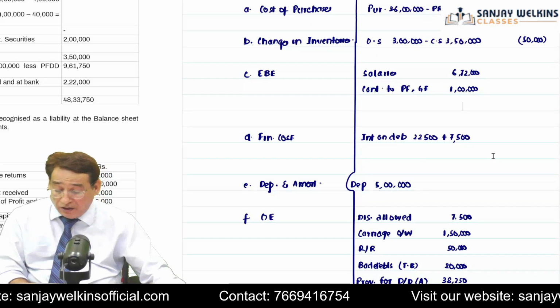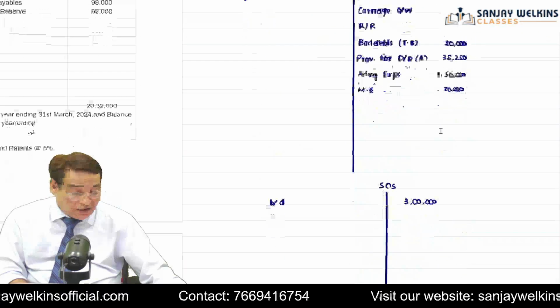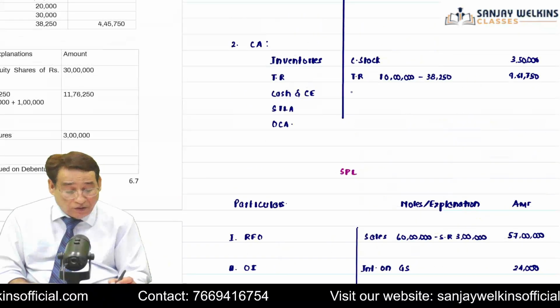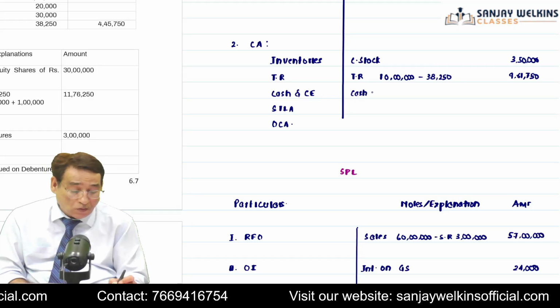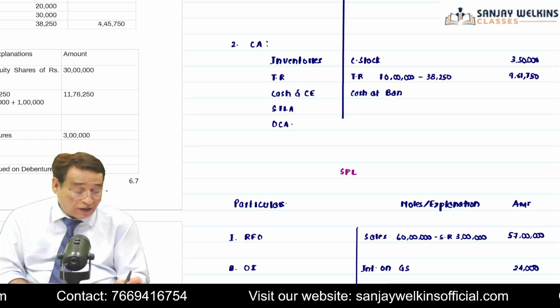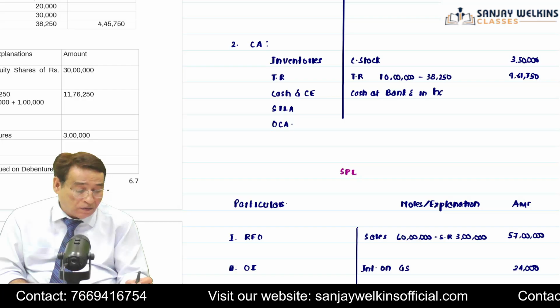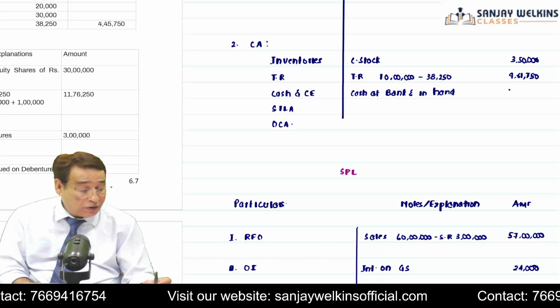Correct? And then we are being given cash at bank and in hand. We will write here cash at bank and in hand. That will be equal to 2,22,000.